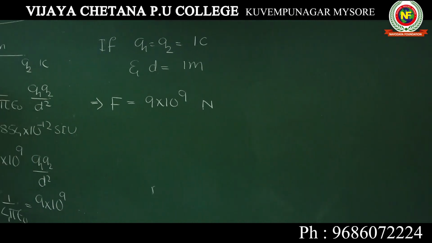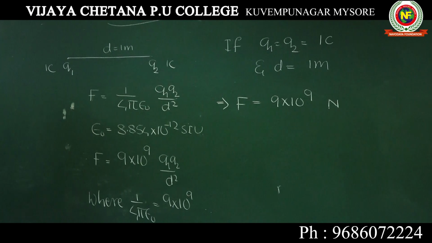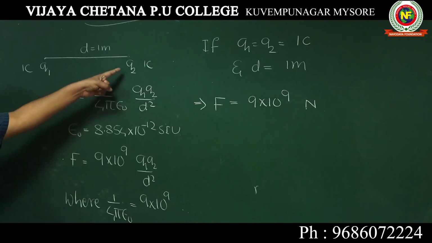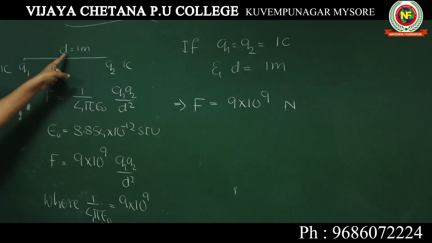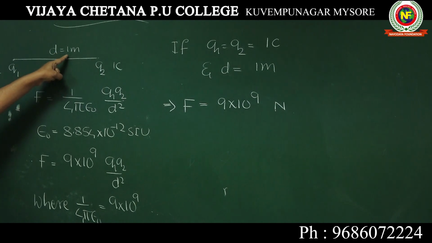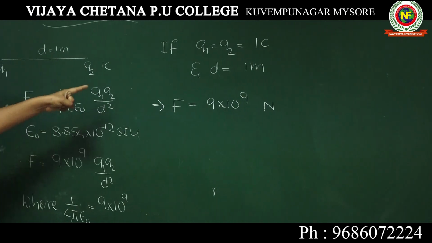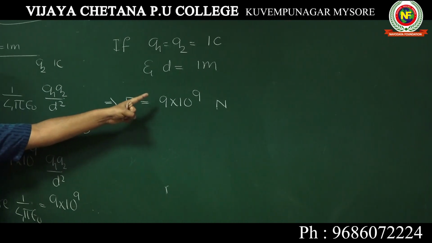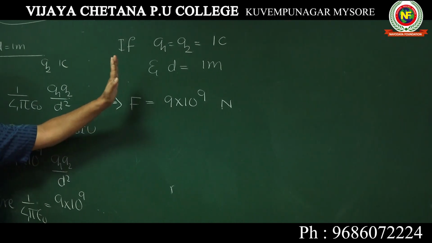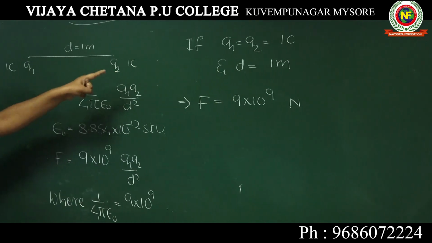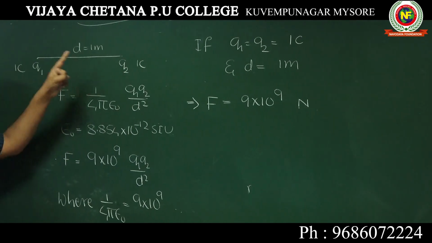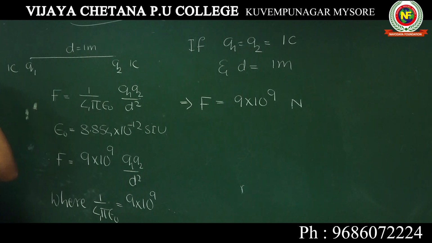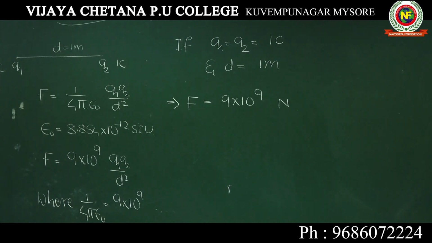You must understand, if two identical charges separated by a distance of 1 meter in air or vacuum experience and exert a force of 9 into 10 to the power of 9 newton, then essentially the magnitude of either of the charges must be equal to 1 coulomb. This is the important fact.